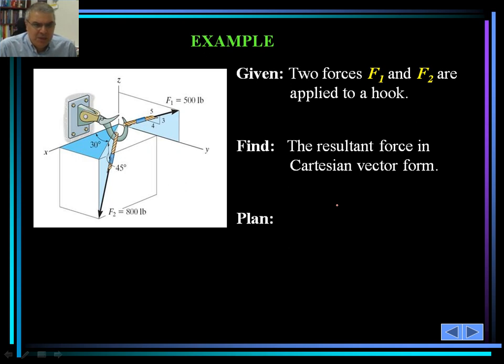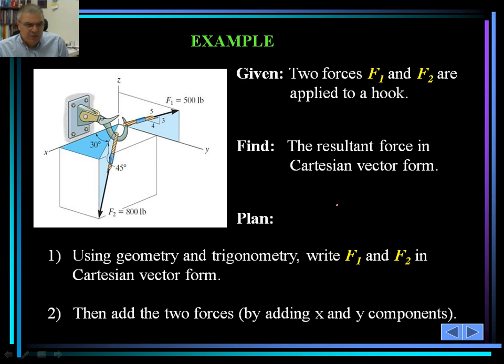The directions are shown the way they are here. The resultant force in Cartesian vector form is what we would like to determine. So let's try to digest the problem. Let's think about it critically for a moment. As you can see, the angles are given. Let's see if there are any angles missing.